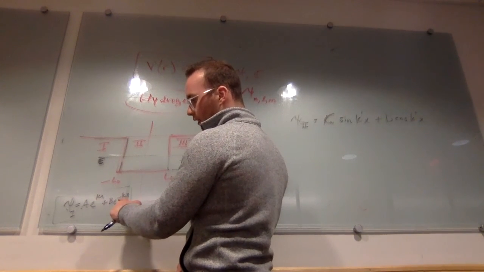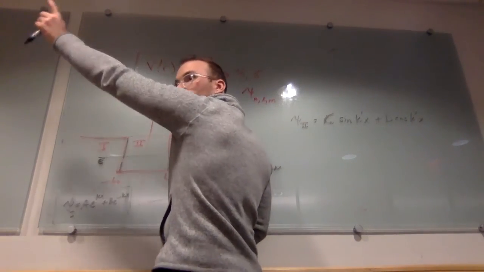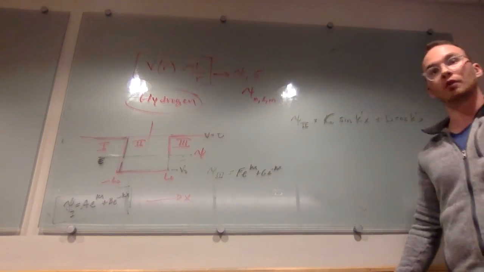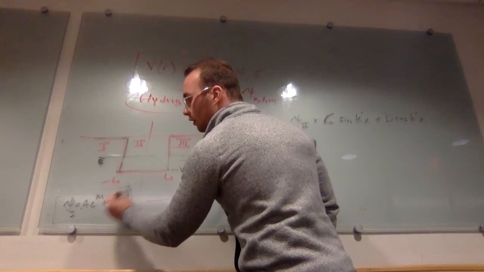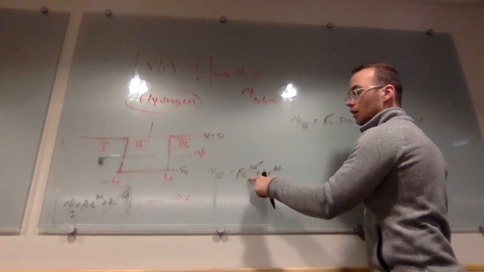Negative infinity is going to give us e to the plus big number. That's going to shoot off really high, and there's no way we're going to be able to integrate it to get 1. It's going to go to infinity. So this term can't exist here at all. In the same exact way, this term can't exist here at all.